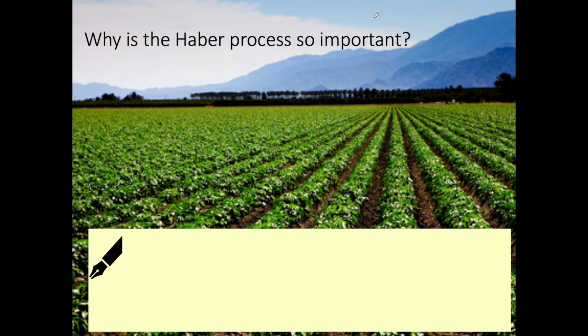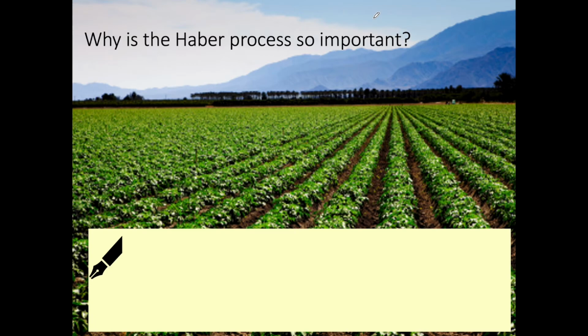Okay, so considering why this process is so important to us. You can see in the background here, I've got a field of crops growing. Now, plants need nitrogen to grow, but the nitrogen gas that we have in our air is insoluble in water. And so plants need to get nitrogen in an alternative way. The way they do that is they take up soluble nitrates from the soil. But when we harvest our plants, we don't return that nitrogen to the soil because we instead keep that nitrogen.